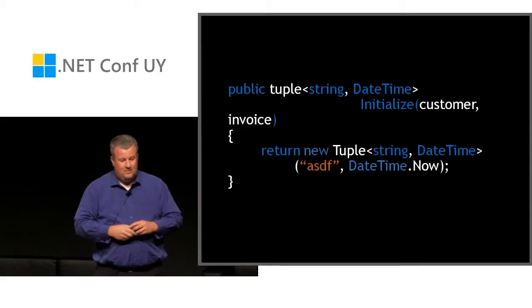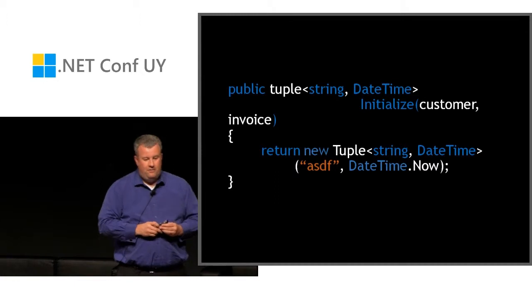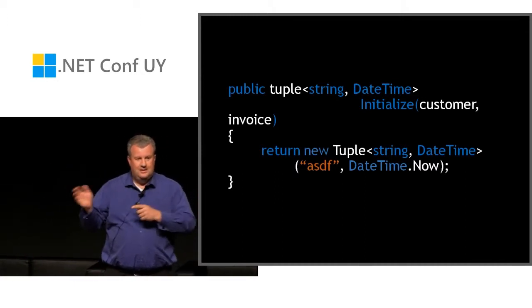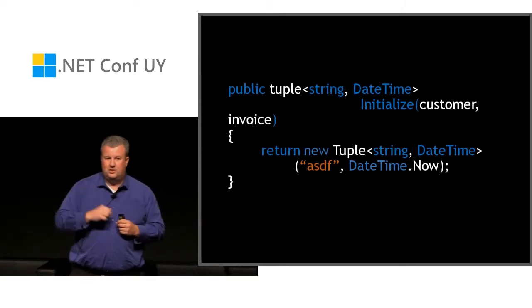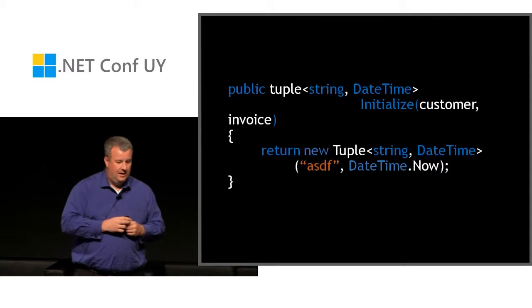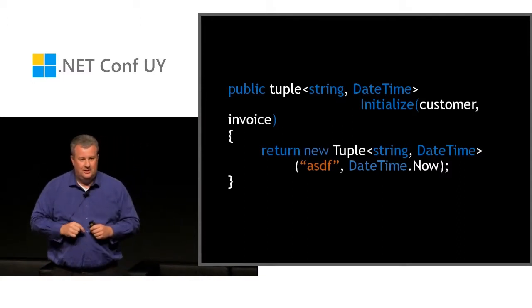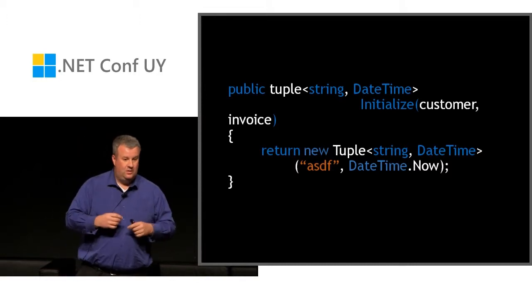Inside of the initialize method, it's going to look a bit like this. We're going to have our return value be a Tuple of string and DateTime. We've said we want 2 values back, 1 being a string, 1 being a DateTime. Instead of altering customer and invoice inside the initialize method, we return those 2 values back out.